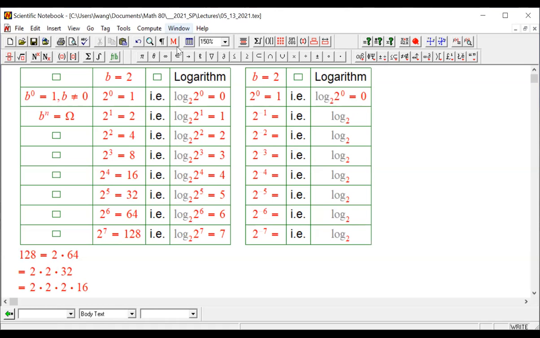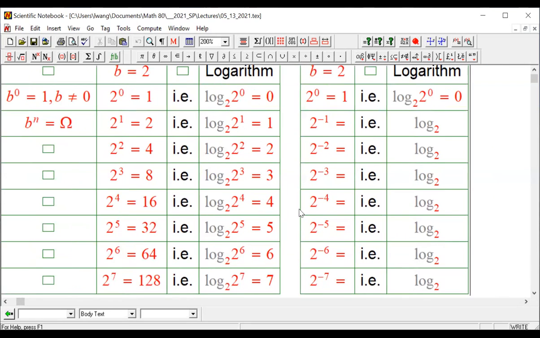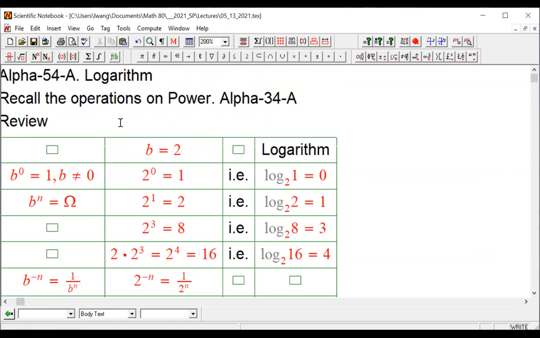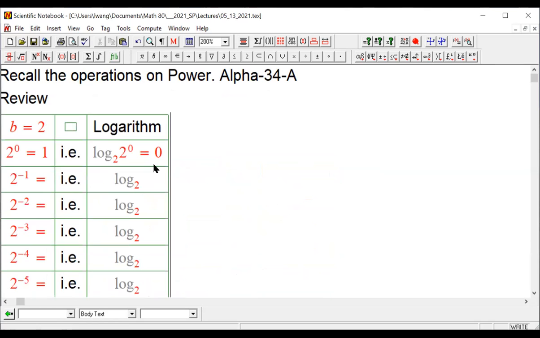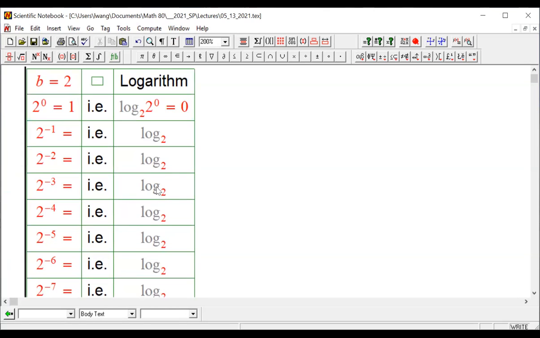Okay, I want you guys to practice with me. Actually, I'm going to put this table above it. Okay. 2 to the power 0 equals 1, right?